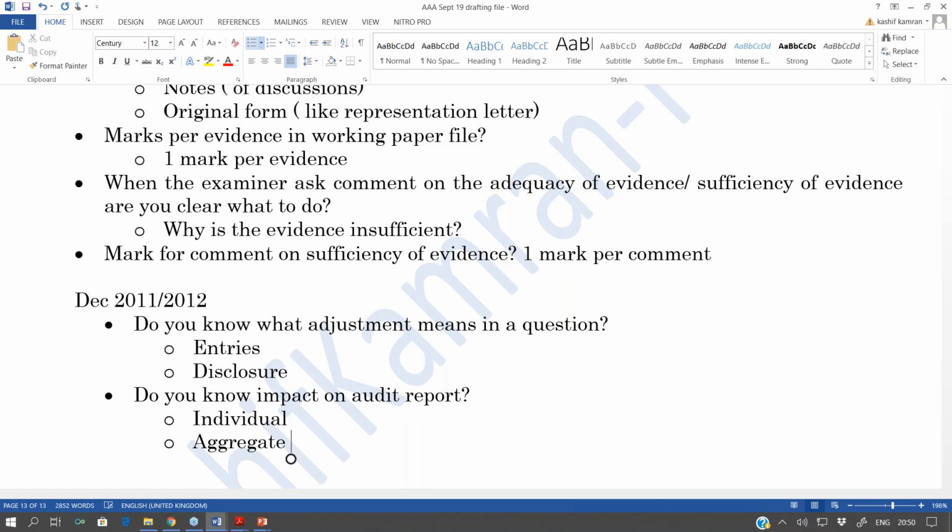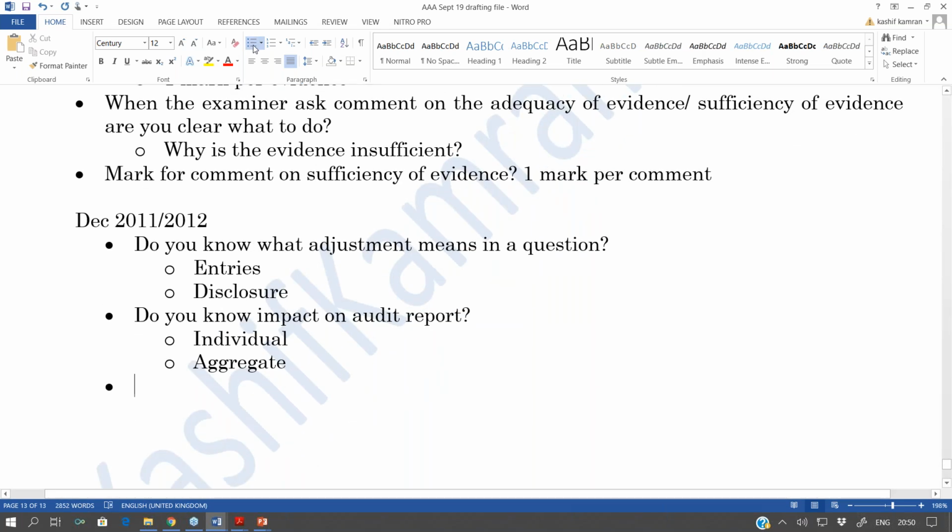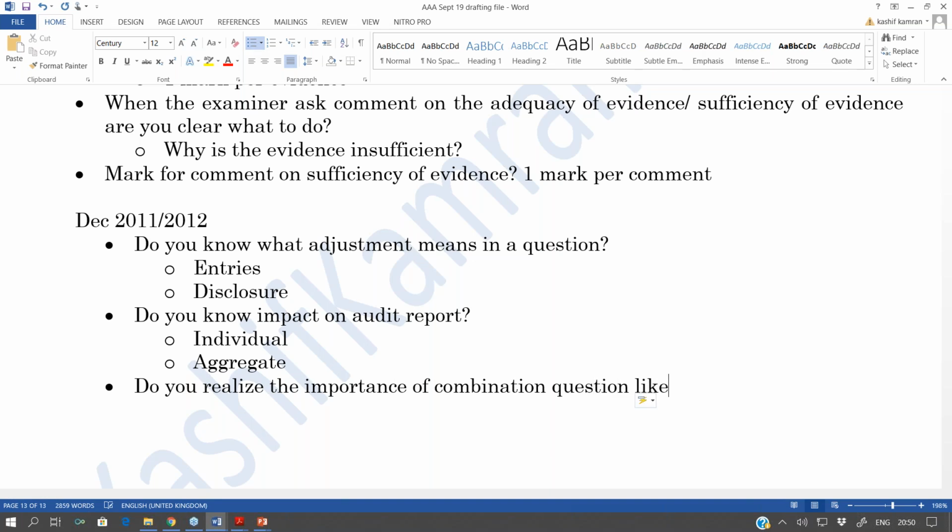Then a very important thing we get across in this: do you realize the importance of combination questions like December 11 and December 12?